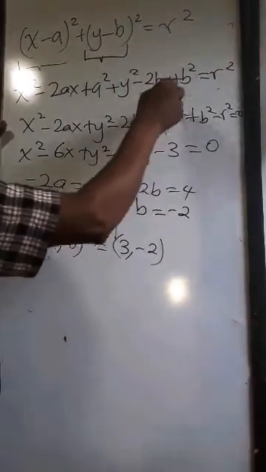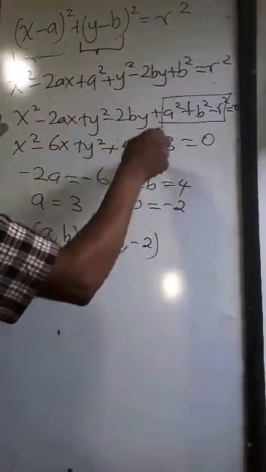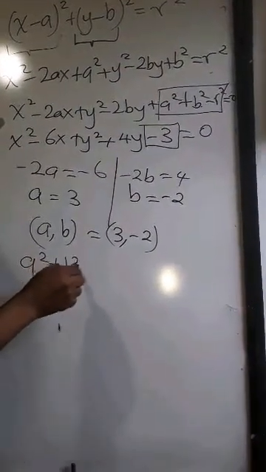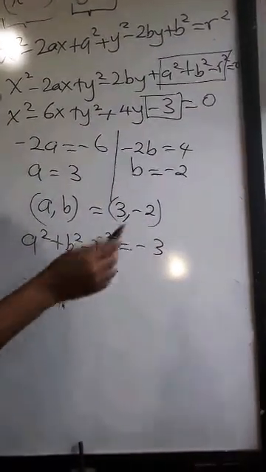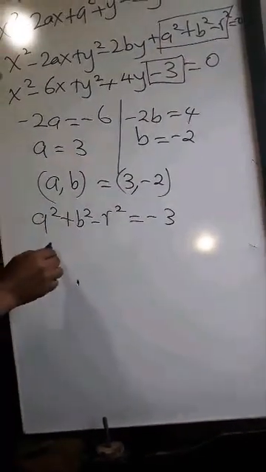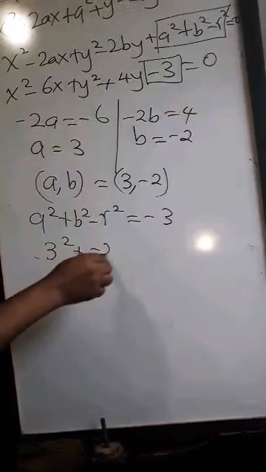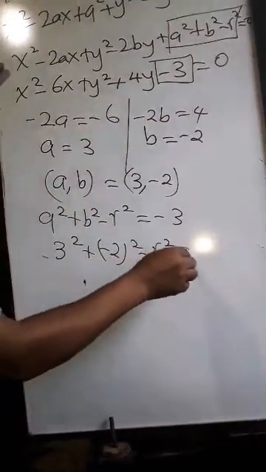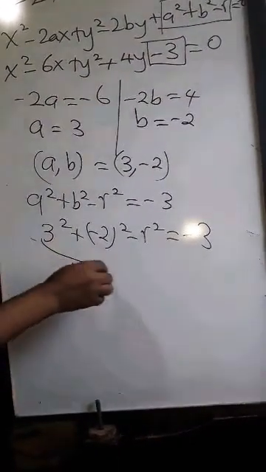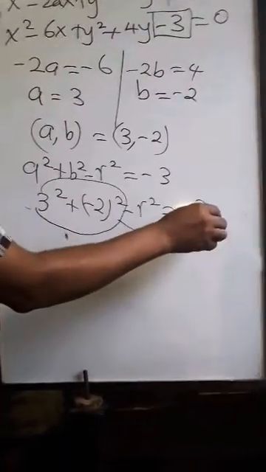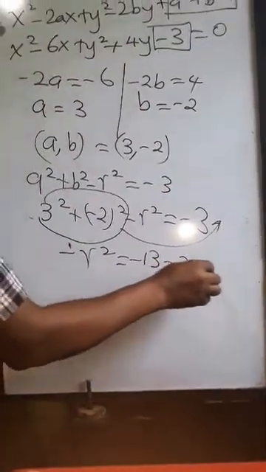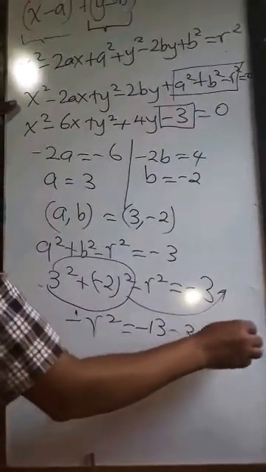Alright, now we look at the constant part. This part and this part. So we will see that the constant part a squared plus b squared minus r squared is equal to negative 3. Now, we already have a and b. So we substitute, which we get 3 squared plus negative 2 squared minus r squared equals minus 3. And we'll get that you take the whole of this part to the other side, you'll get that minus r squared is minus 13 minus 3, which is negative 16.